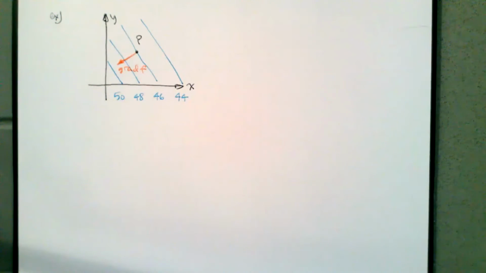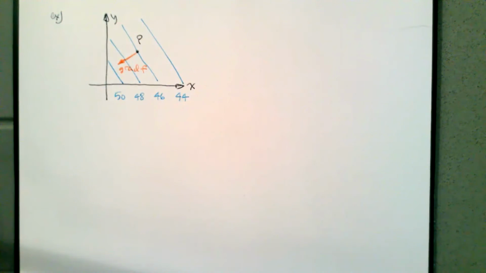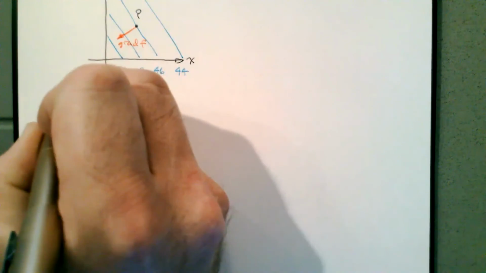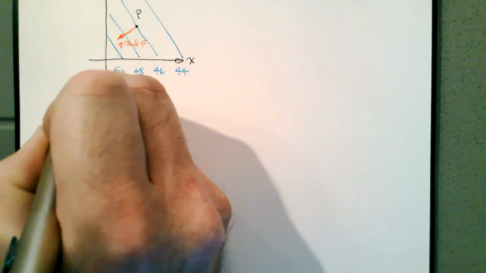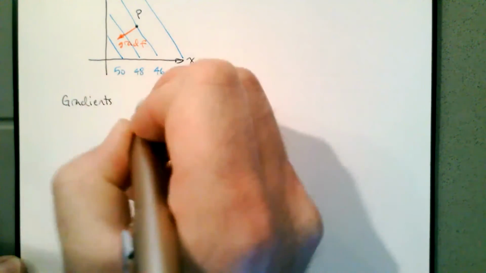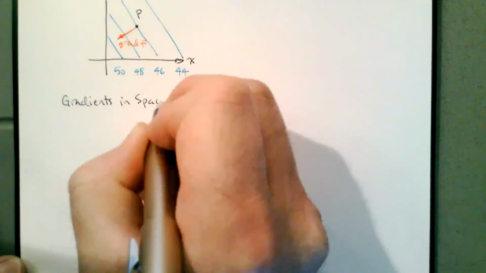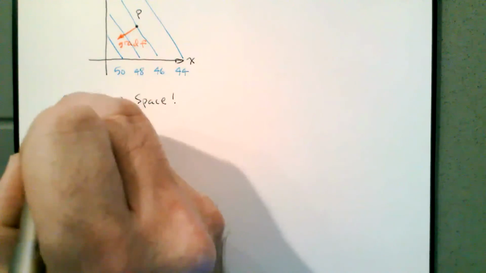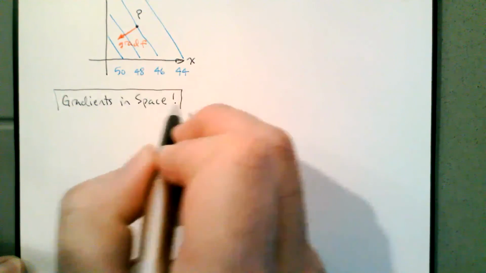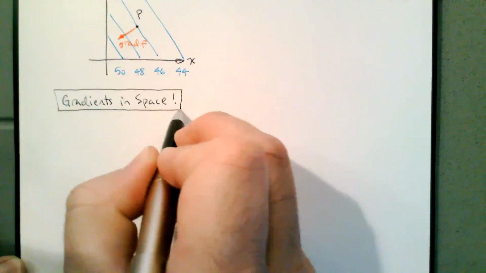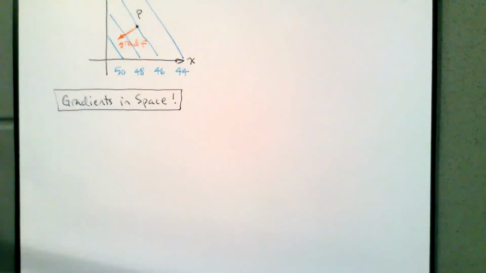So here we need to be talking about gradients in space. When we're looking at gradients in the plane, we know we have a surface, but we're just looking at where the inputs are.